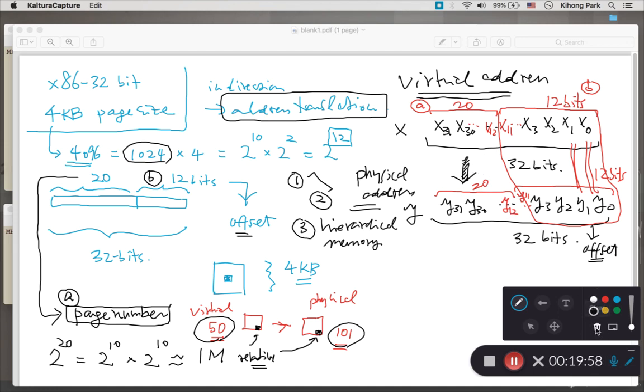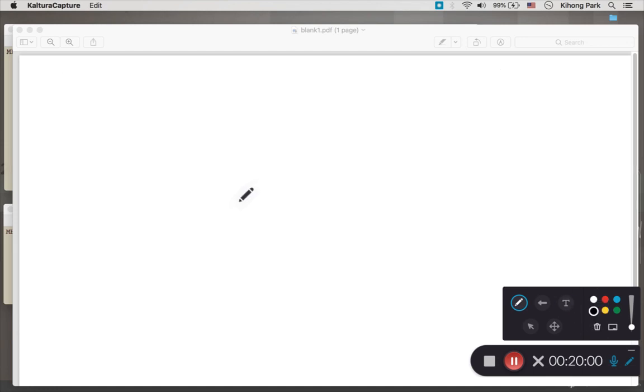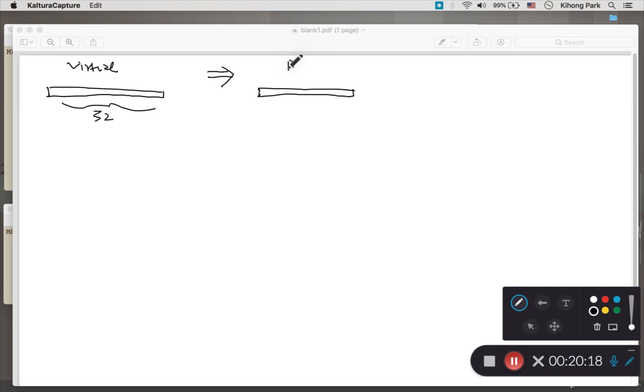So going further, what we have is this 32-bit pattern, which is an address, but it's virtual, and now we're going to translate it using this paging architecture into a physical address that's also, of course, 32 bits big.